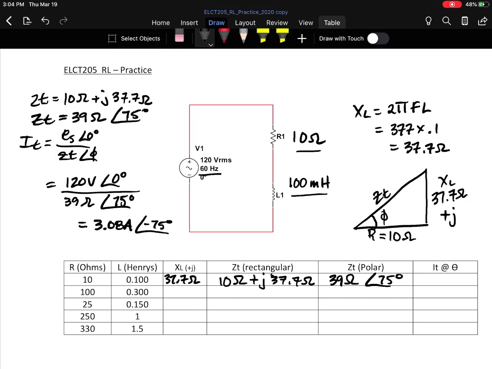So what's that telling us? That's telling us that the current is going to be lagging the applied voltage by 75 degrees.